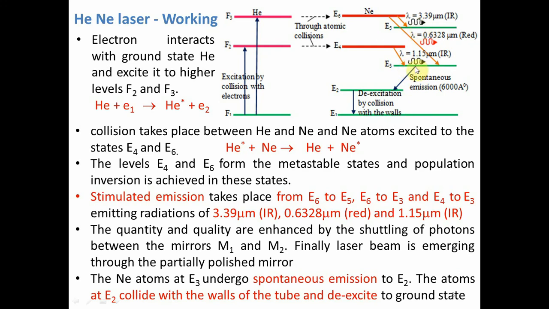From these states, they make spontaneous emission to the level E2. Then at the level E2, the neon atoms collide with the walls of the discharge tube and they are de-excited to the level E1 and that cycle is completed. This is the working of helium neon laser.